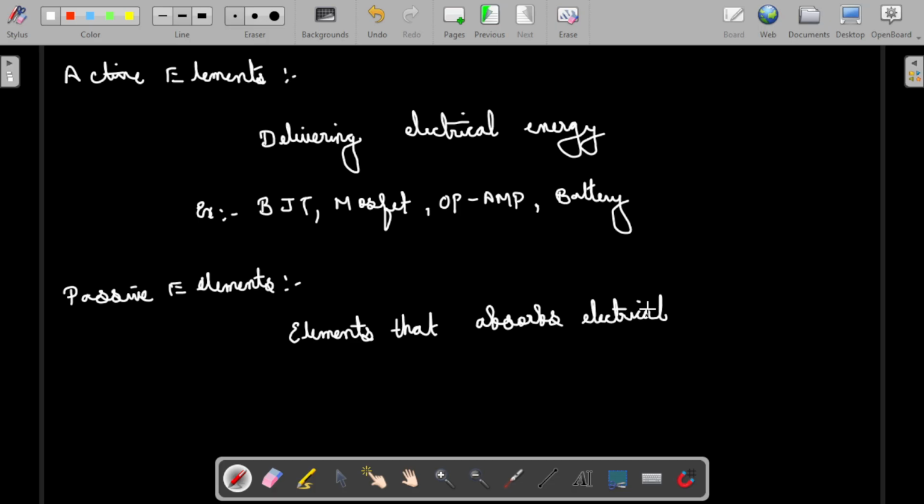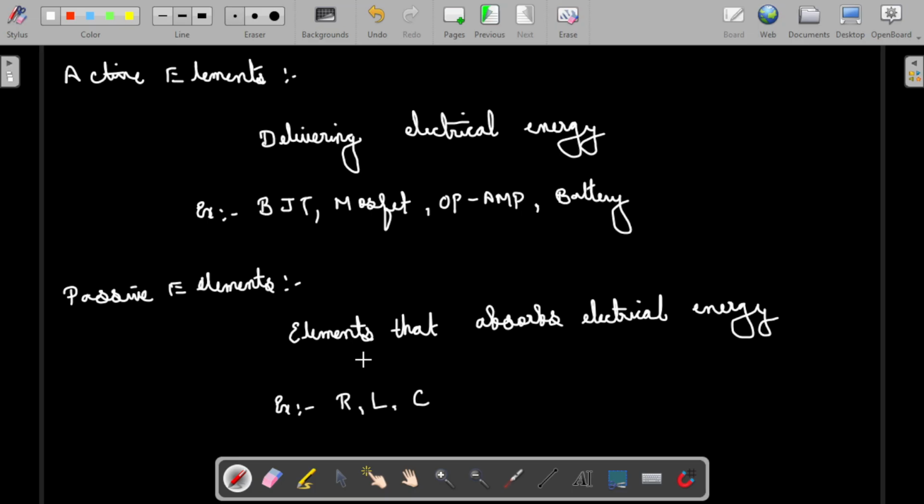These are all generally called passive elements. So the known passive elements are resistor, capacitor, inductor. Other things also, the transformer, diode, and a TCR. Those things also are there. But the known example is RLC. Okay, so this is a known passive element, right?